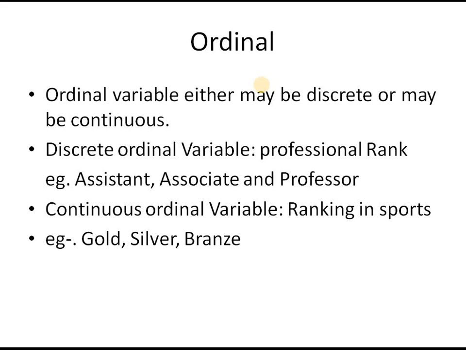For example, professional ranks are often enumerated in a sequential order, such as assistant, associate, and full professor. Now we come to the point: an ordinal variable may be either discrete or continuous. In a discrete ordinal variable, the professional ranks are assistant, associate, and professor.